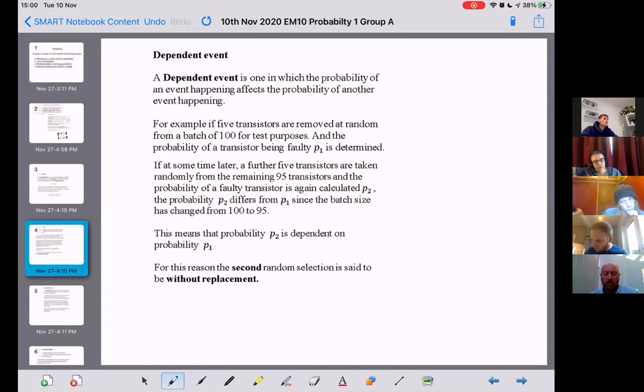This means that P2 is dependent on the probability P1 because those initial 5 transistors were removed before the second 5 were removed. For this reason, the second random selection is said to be without replacement because you haven't replaced the transistors you took from the sample. So the probability of the second event is dependent upon the first.